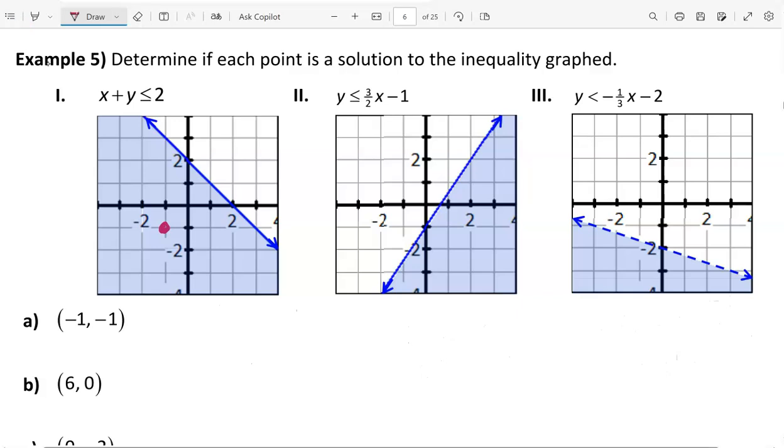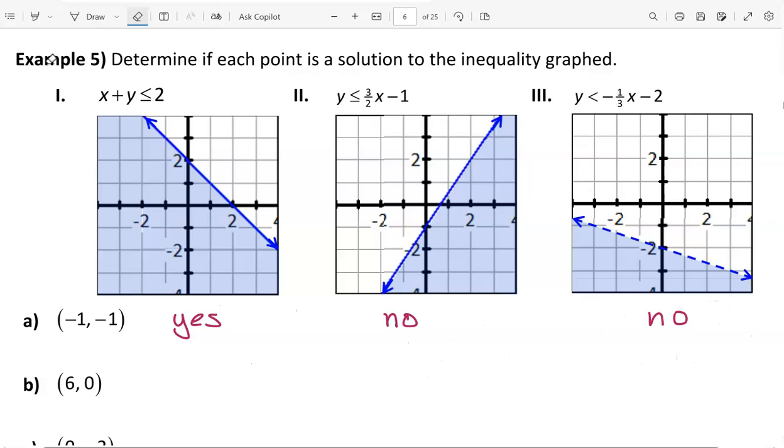And for Roman numeral 1, it is part of the shaded region, so it is a solution. So I'm just going to write the word yes here for yes, this is a solution. For number 2, -1, -1 falls in an unshaded portion of the graph. So no, that is not a solution. And for number 3, it falls in an unshaded portion, so no, that is not a solution either.